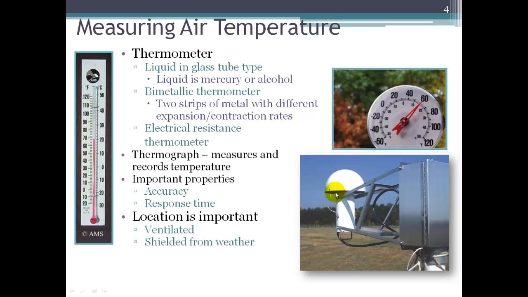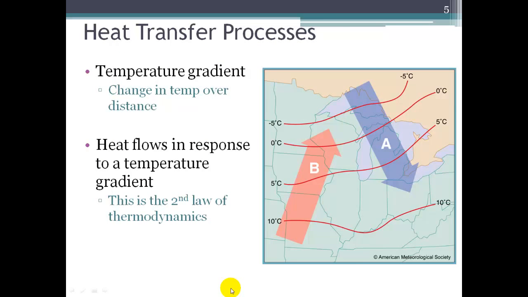And it has to be ventilated. If you had a thermometer just out in the sun, like anything in the sun, it's going to heat up more than what the air temperature would say. So we put a ventilation shield on it to prevent the sun from shining directly on the thermometer and also protect it from other weather.